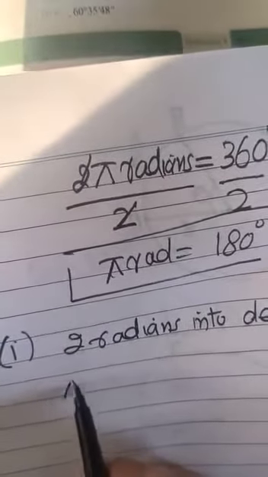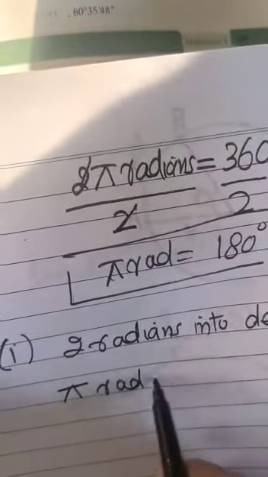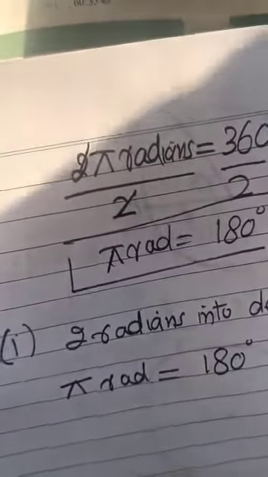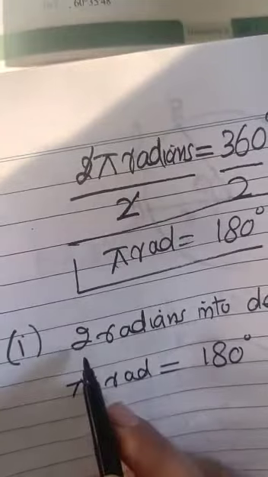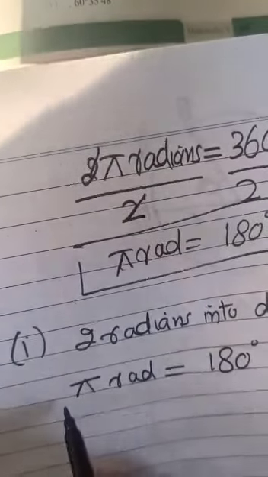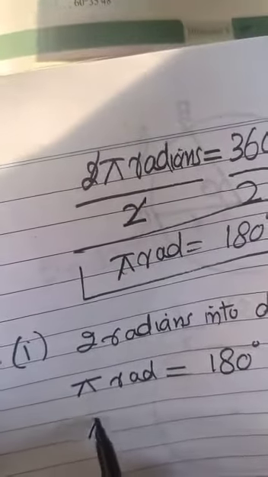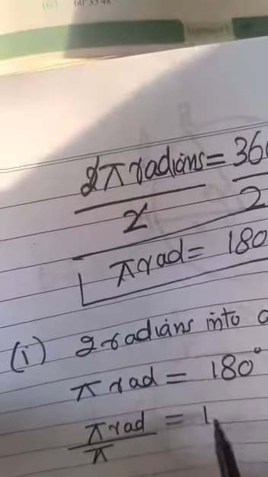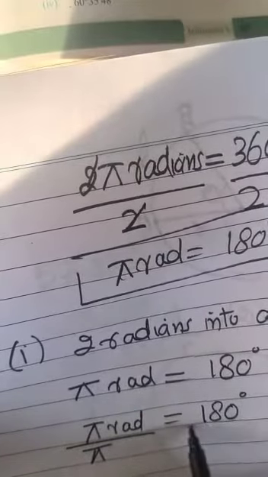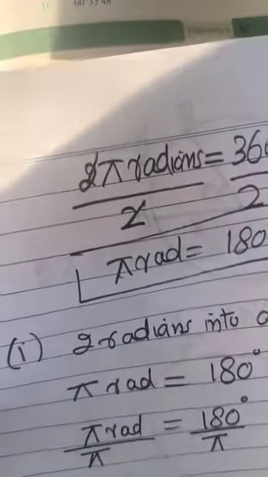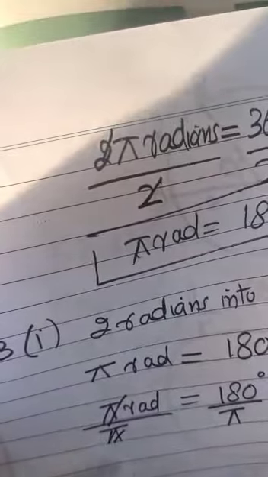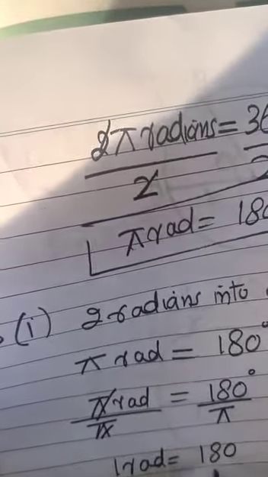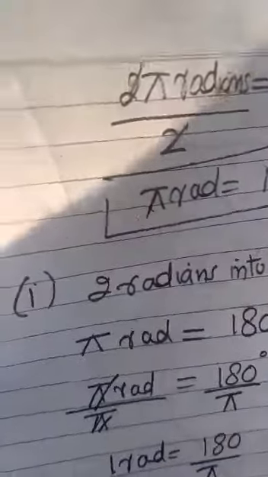So we will write the formula, pi radians is equal to 180 degrees. Now we need 2 radians. So first we will divide by pi on both sides. We will get 180 degrees divided by pi. So we get 1 radian is equal to 180 divided by pi.